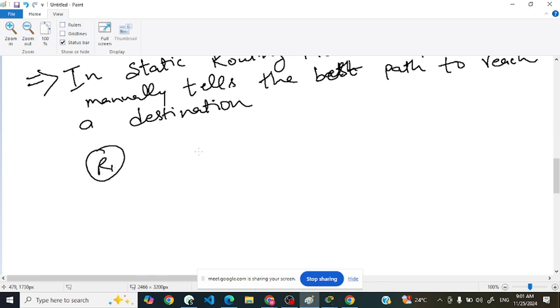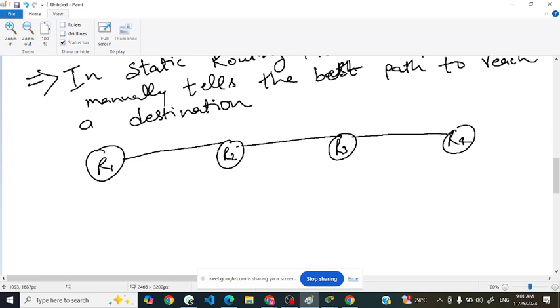These are four routers. Abdul, Ravi Shankar, are you getting my point? Yes, sir. I want to send a packet from R1 to R4. Now in static routing, we have to tell this router that if you want to send a packet to R4, then always send this packet by this network or by this interface.